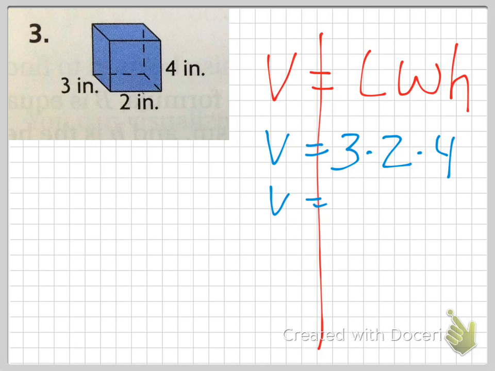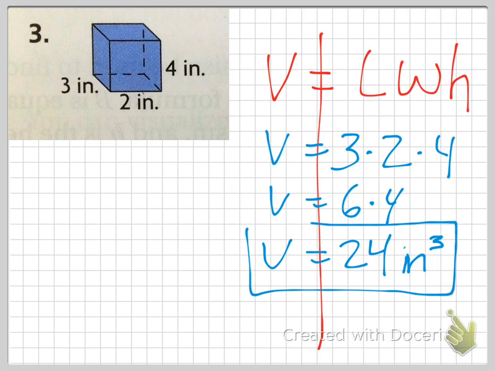So volume equals 6 times 4. The volume of this rectangular prism is 24 inches. Now here's where volume is different than area. You write a little 3 up there, cubed, okay? 24 inches cubed.